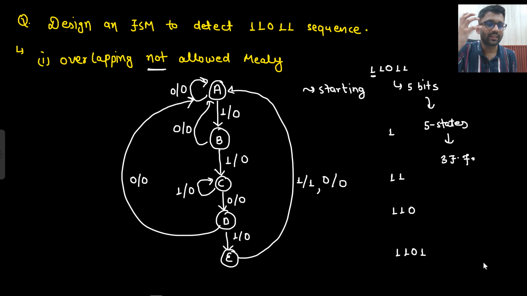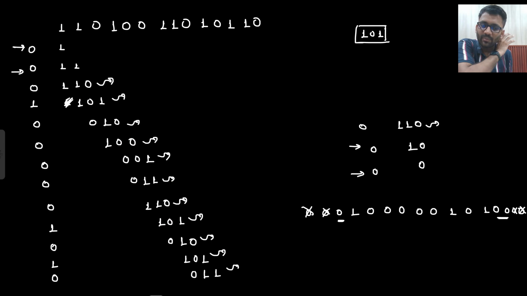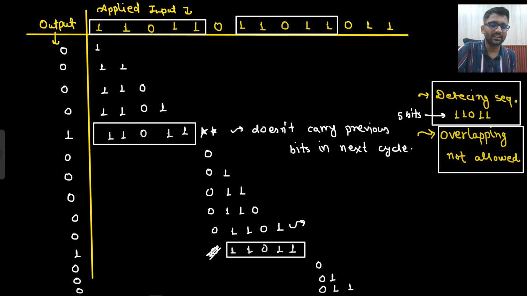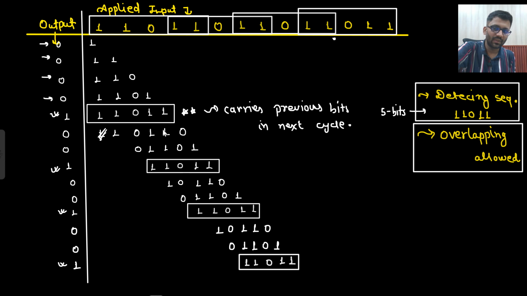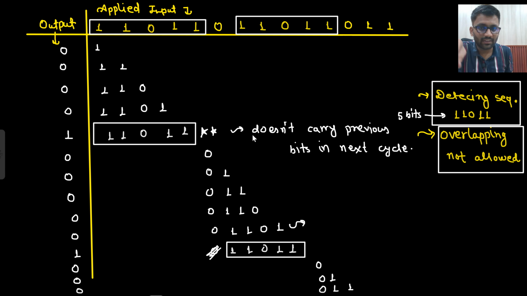Now let's see the case of overlapping allowed. In case of overlapping allowed and overlapping not allowed, what was the difference? Till this point everything was same. When the sequence was not detected, there was no difference. But when the sequence was detected, after that the difference came. This one was starting right from the beginning again, but this one is not.